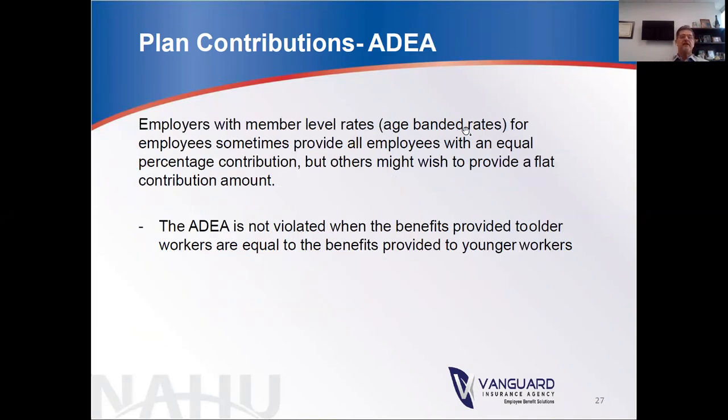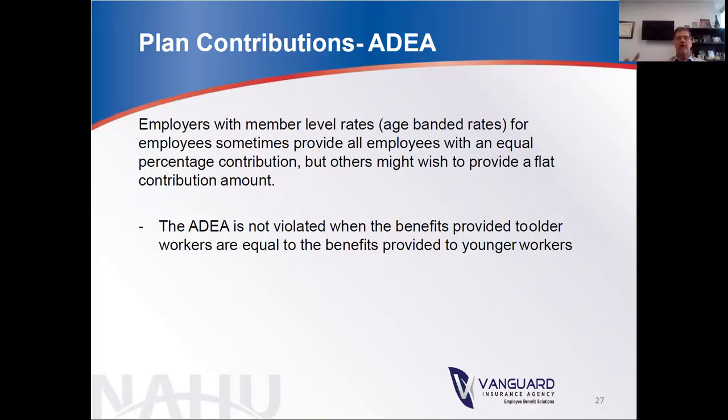The last one is the ADEA, and for this regulation, you just want to make sure that if you're in a market that has age-banded rates, where your employees are receiving rates based on their ages, those bands don't fall within more than five years.